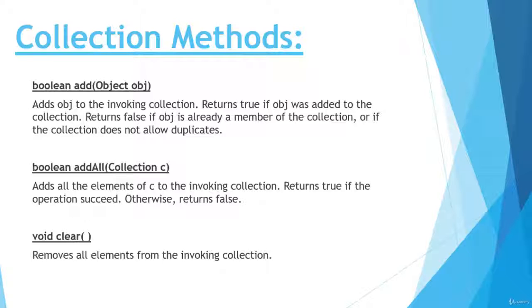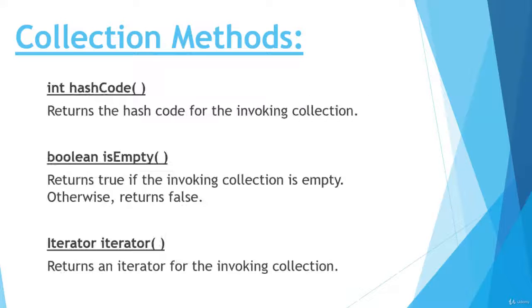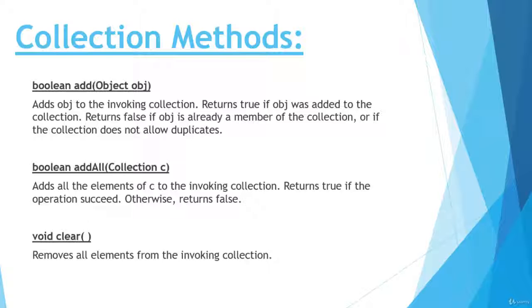On the top of the hierarchy, we have the Collection interface, which contains the methods that are common in all the collections, the methods that you can see on your screen. We know that an interface only contains some methods. So I hope you understand.